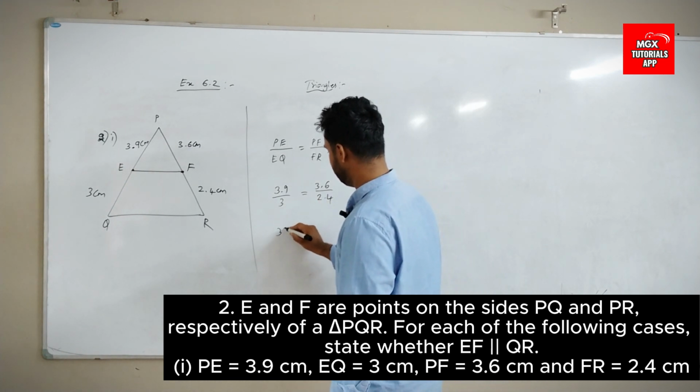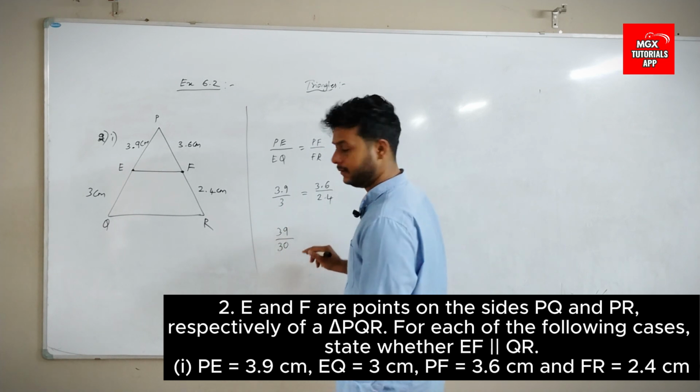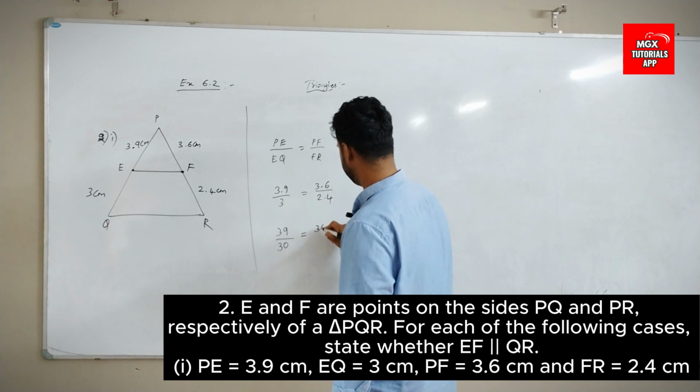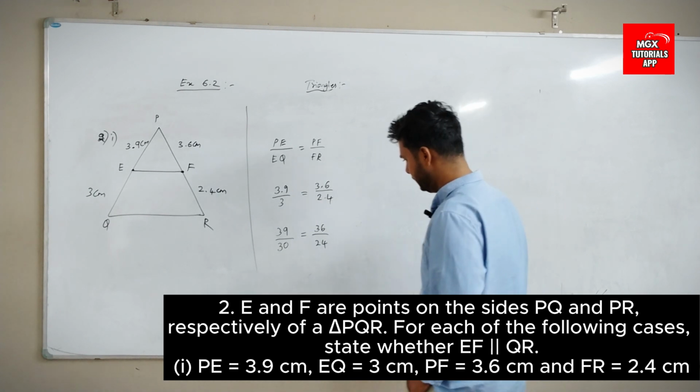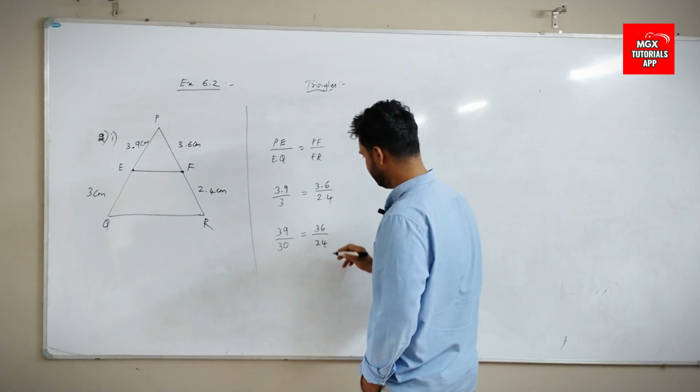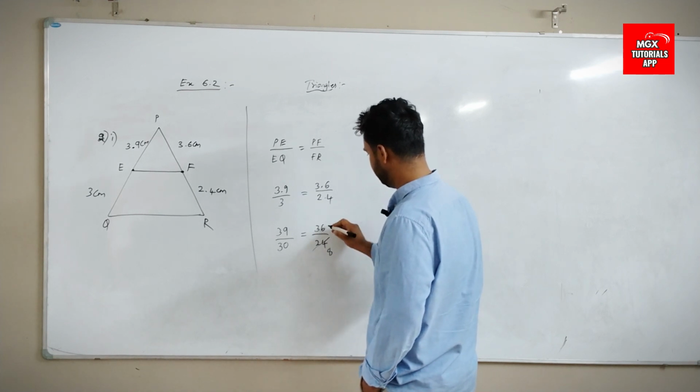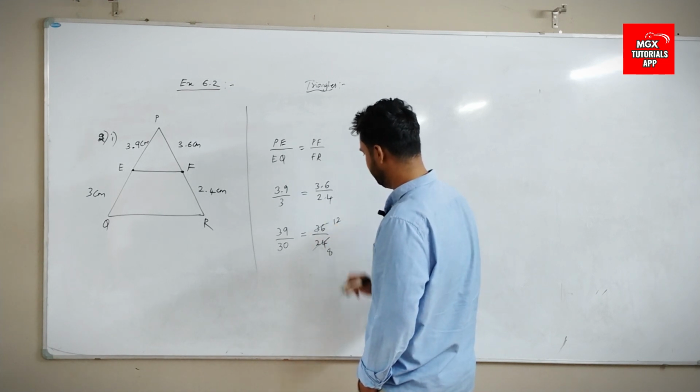39 by 30 is equal to 36 by 24. 3 ones are 3, 3 eights are 24.